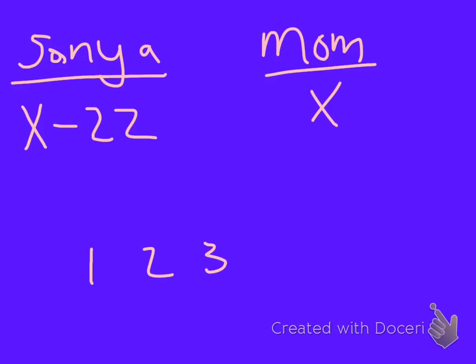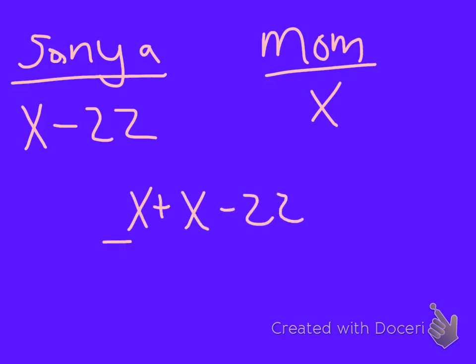So if we have x and x minus 22, what are we going to do to those 2 numbers? Add them and then divide by how many there are. How many people are there? 2. So this doesn't look like it, but this is one number, and there are 2 numbers. So we're going to divide it by 2, and it's going to equal how much? 16.